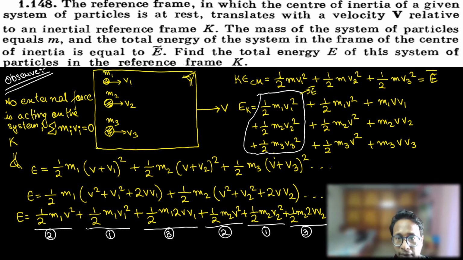Now if I take the summation half m1 v square plus half m2 v square, can I take half v square common?